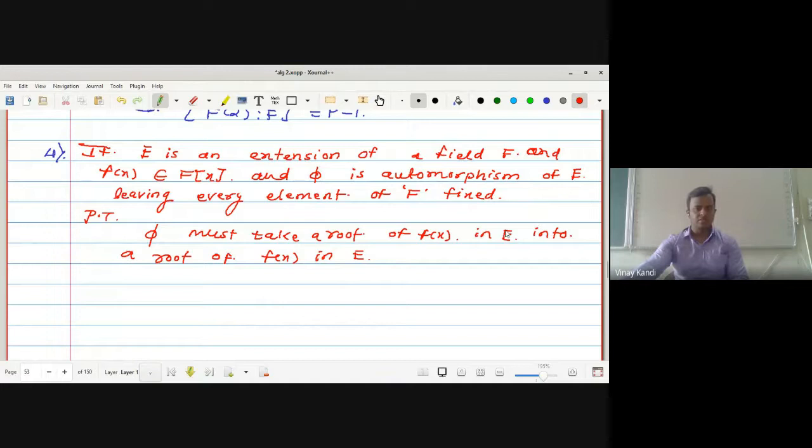If E is the extension of the field F and f of x belongs to capital F of x, and phi is an automorphism of E leaving every element of capital F fixed, you have to prove that phi must take the root of f of x in E into a root of f of x in E.